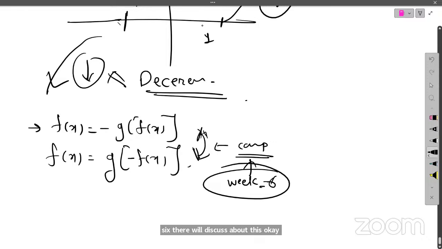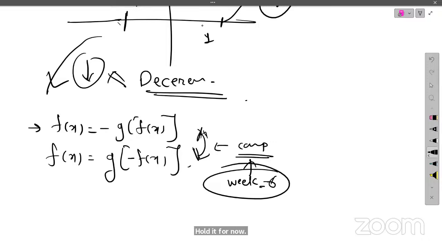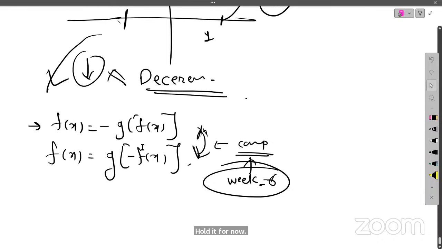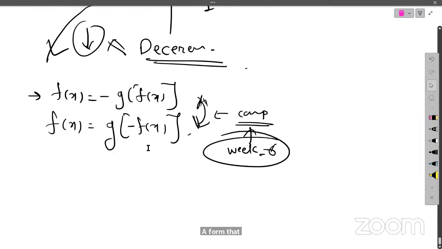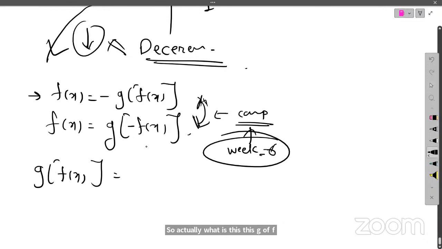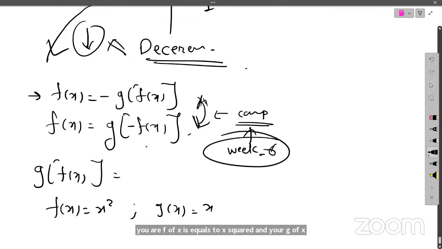In PYQs, some questions are from there. So actually, what is g of f of x? It means first apply f on that particular value. Suppose f of x is equal to x square and g of x is equal to x minus 1.